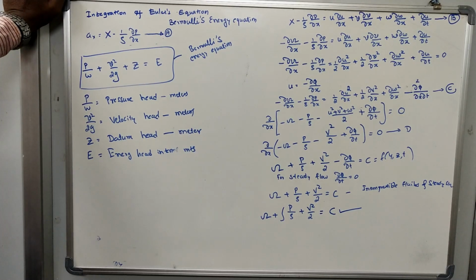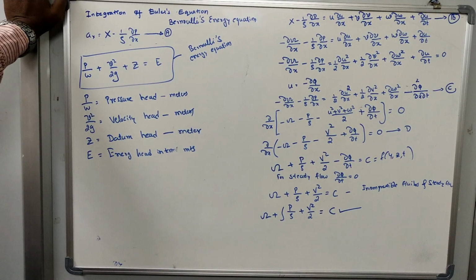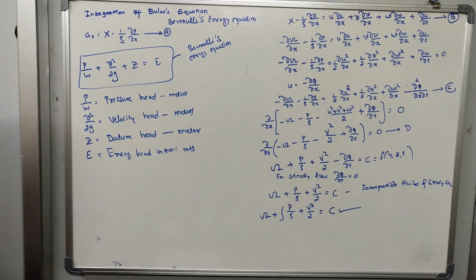And also for the steady flow, if the flow is steady, then the differential terms with respect to time vanish from the equations. So mathematically speaking, there is no differential term with respect to t, because the flow is steady. The function is constant with respect to time.